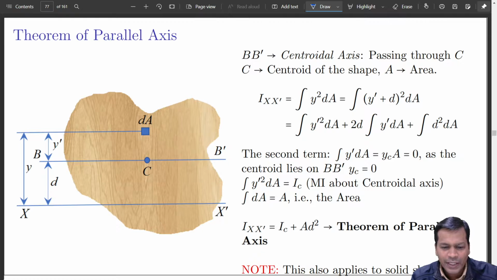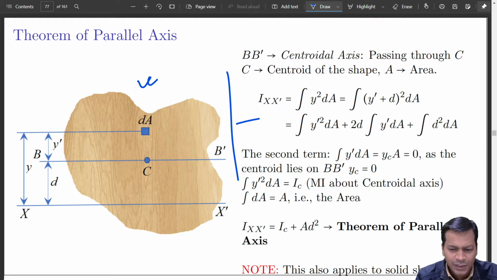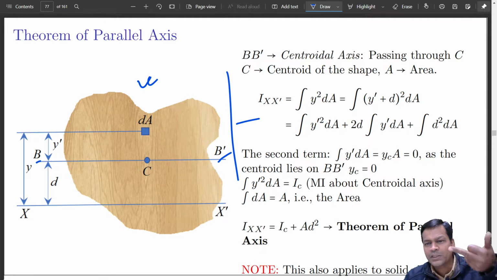Just see this figure, forget about anything else that is here. There is an axis, b bar, about which hopefully you know the moment of inertia.